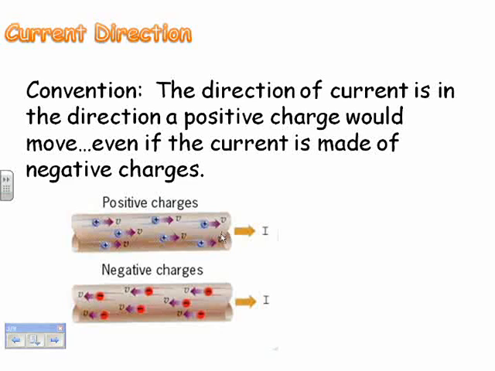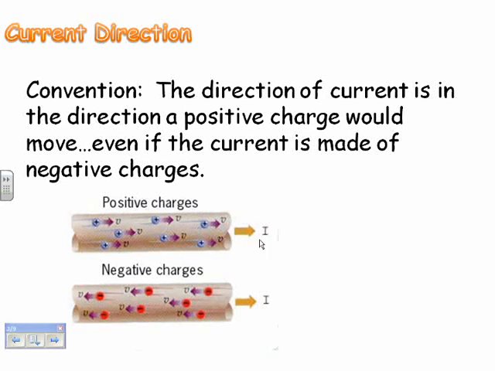Well, we know now that the positive charges are the protons, and we know those are locked away in the nuclei of actual atoms. But electrons are the ones that are able to move. They have more mobility. So a current that is made up of electrons flowing to the left, we actually call a current that is flowing to the right, a positive current. So we take the current the way that the positive charges would go.